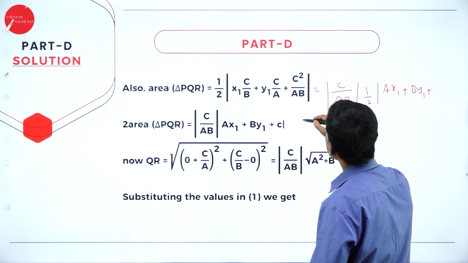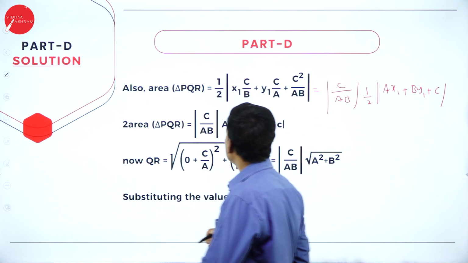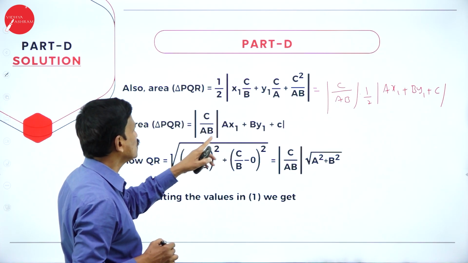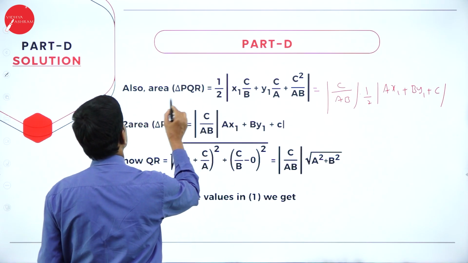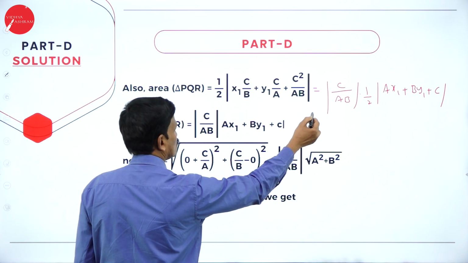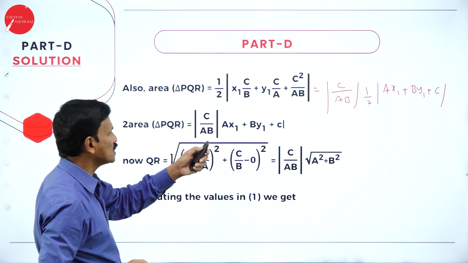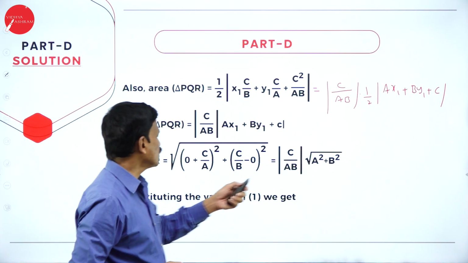In this we have taken ab and c out, what is left over is c. That's it. So this can be written as half of c by ab, and 2 and 2 get cancelled. So if you substitute here, area of a triangle is equal to c by ab into (ax1 plus by1 plus c).